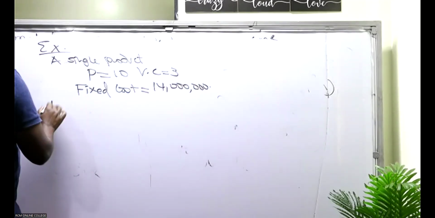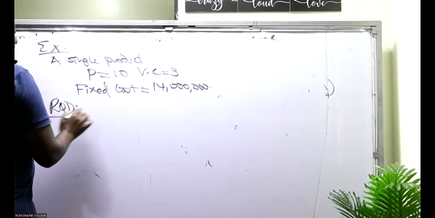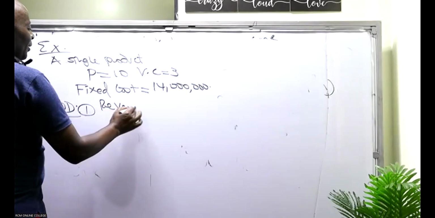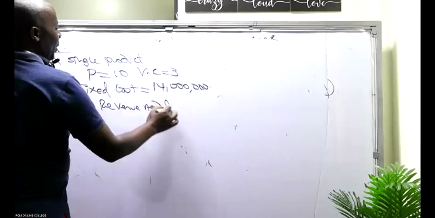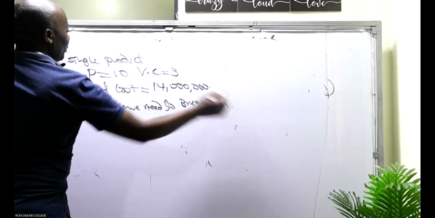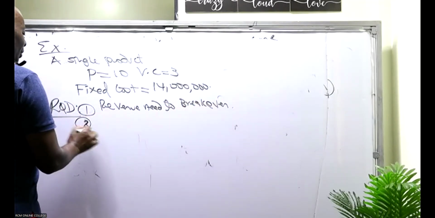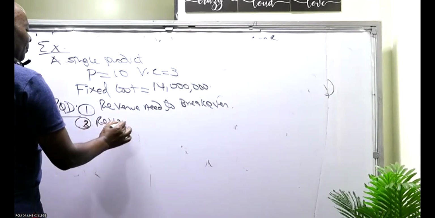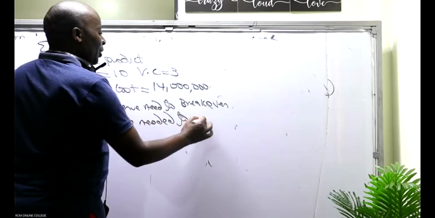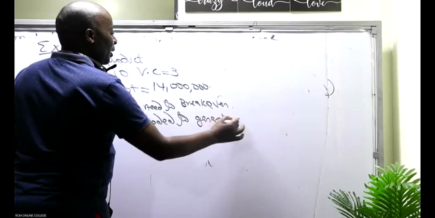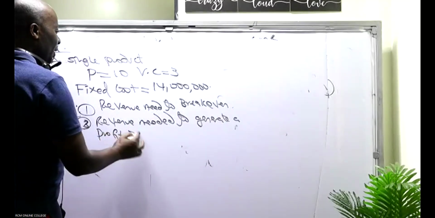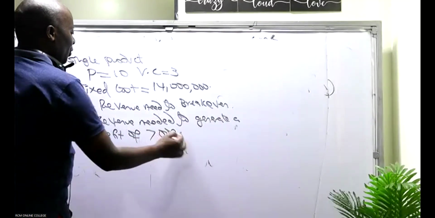So required: Number 1, revenue needed to break even. Number 2, revenue needed to generate a profit of 7 million Kenya shillings.